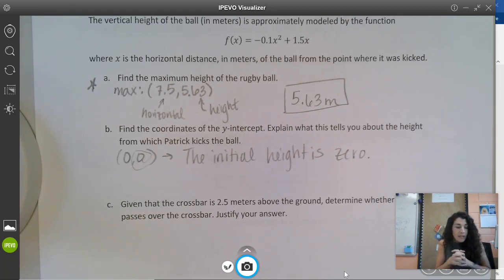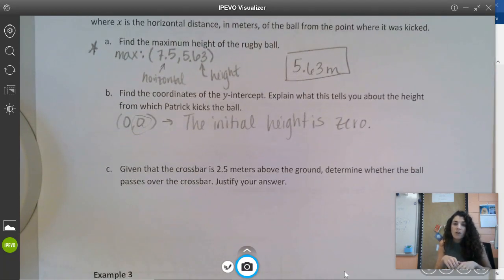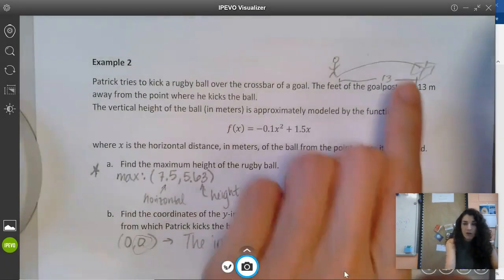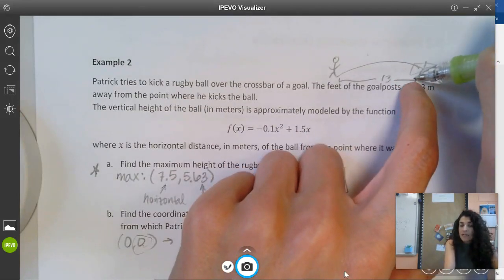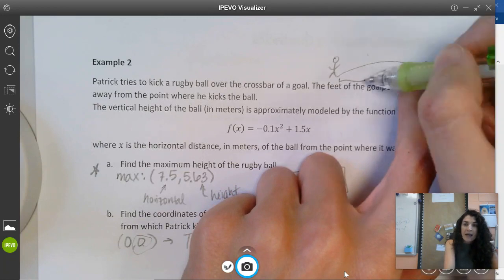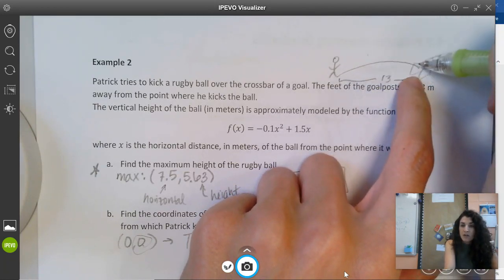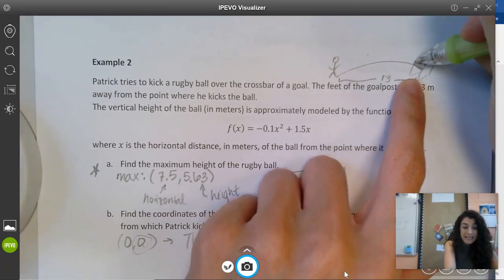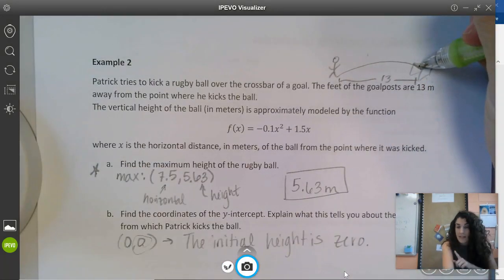Okay. Given that the crossbar is 2.5 meters above the ground, determine whether the ball passes over the bar. Going back to your picture, which is why it's important to have a picture. Remember that 13 meters happens before it hits the ground. And our question is that as it gets to 13 meters, where the goalpost is, the crossbar is, did it go under, did it go over, or did it hit exactly the height of the crossbar?